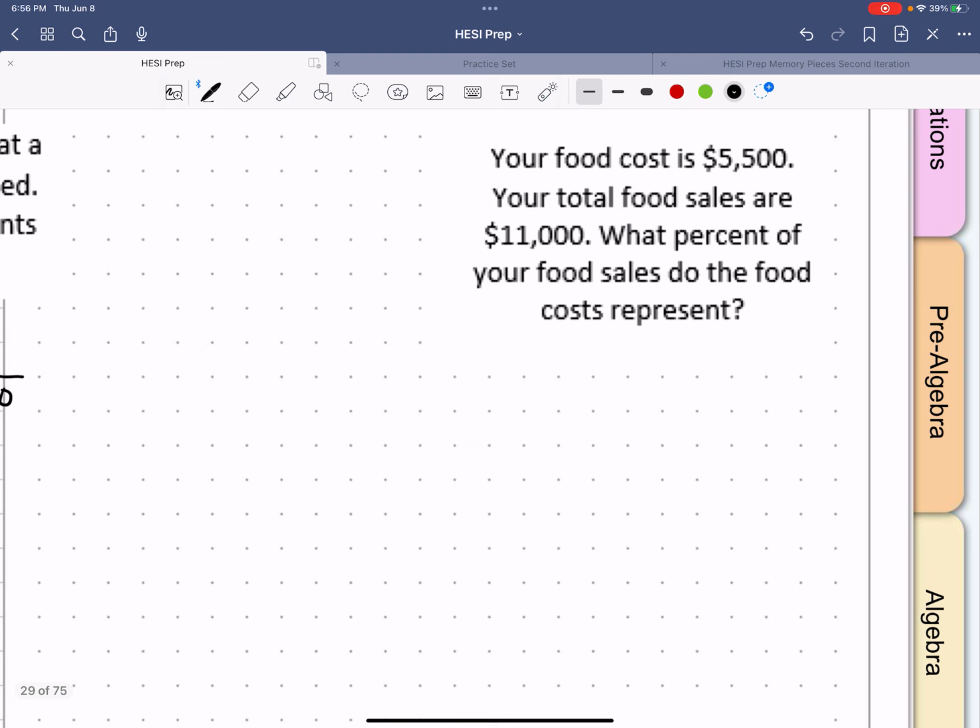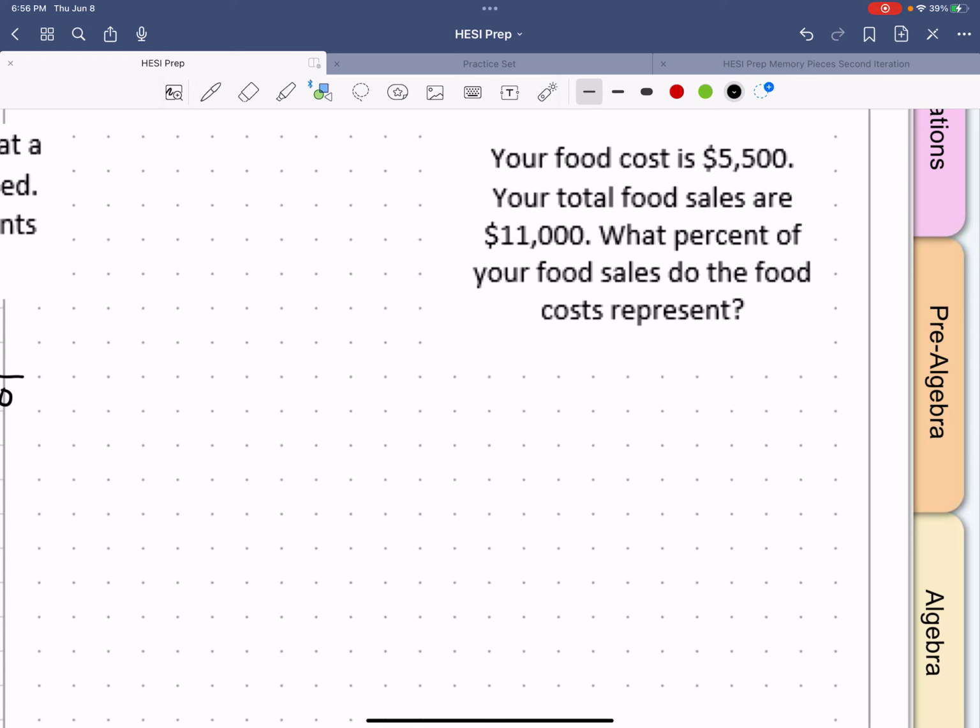Okay, this one, I'm assuming that we're talking about someone who owns a restaurant. It's kind of an odd problem. Your food cost is $5,500. Your total food sales are $11,000. What percent of your food sales do the food costs represent?